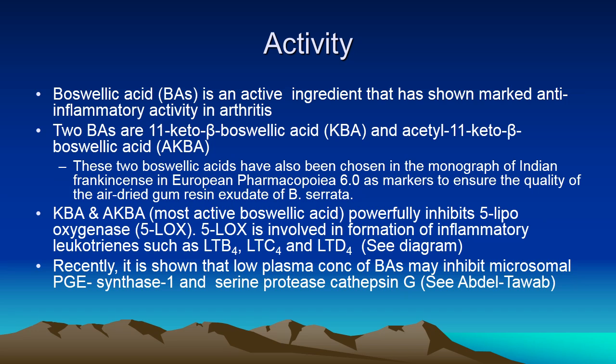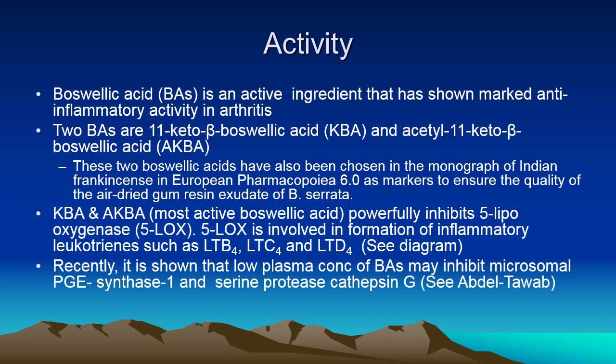Therefore, these two boswellic acids have been chosen in the monograph of Indian frankincense in European Pharmacopoeia version 6 as markers to ensure the quality of the air-dried gum resin exudate of the Boswellia serrata. KBA and AKBA, as I told you, are powerful inhibitors of the key enzyme that produces inflammatory mediators, and that is called 5-lipoxygenase enzyme or 5-LOX.